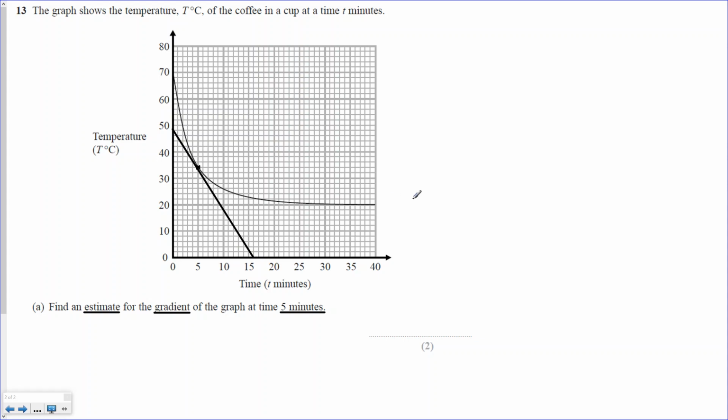So we need to think back to y equals mx plus c. Hopefully you guys remember this. Y equals mx plus c, and the m stands for the gradient.